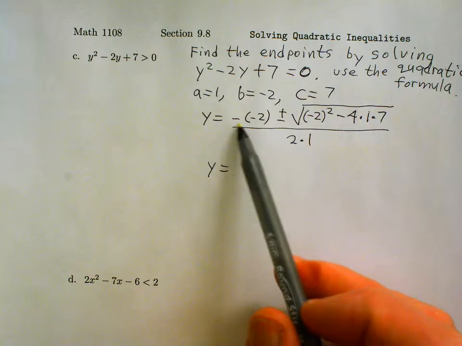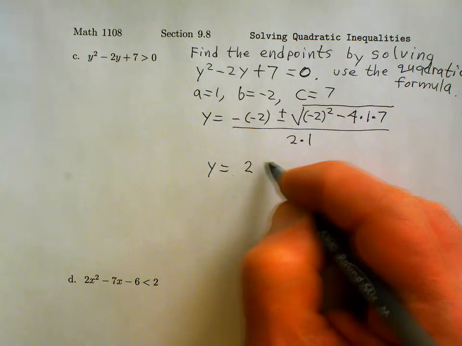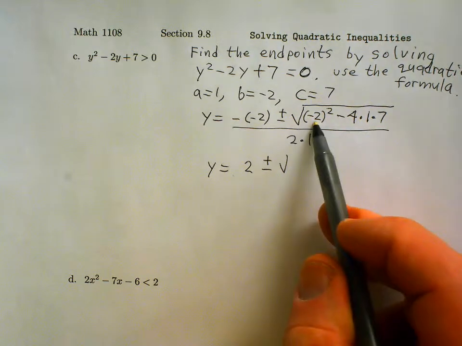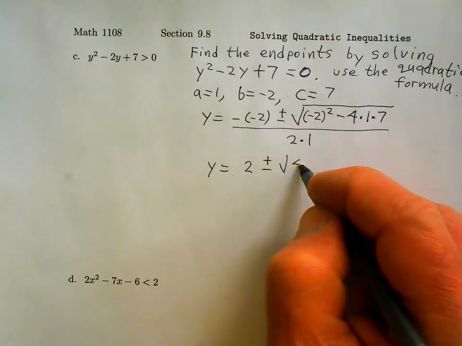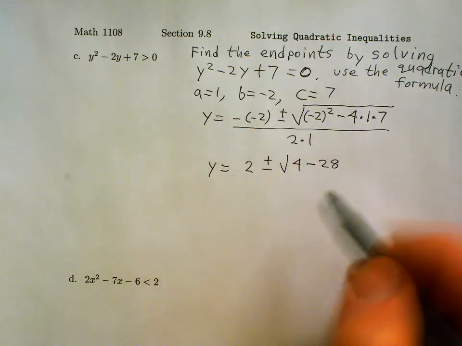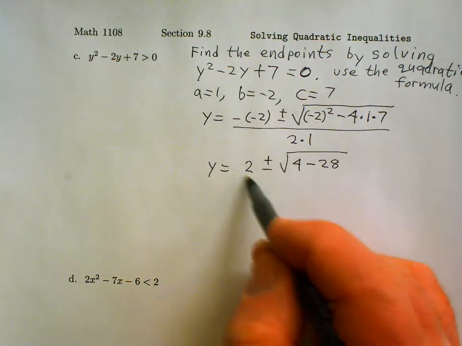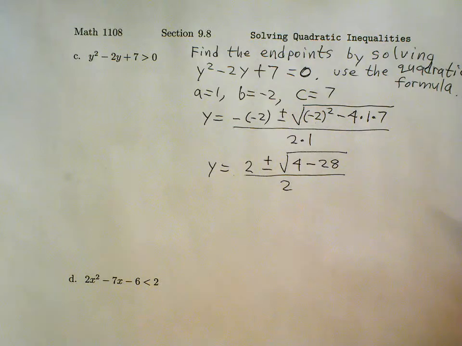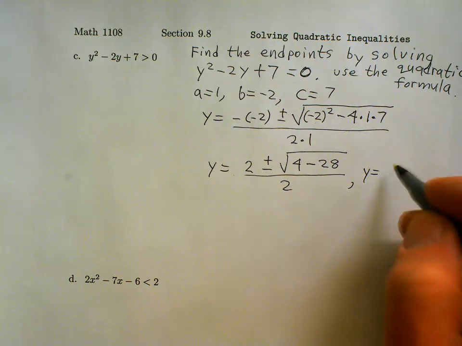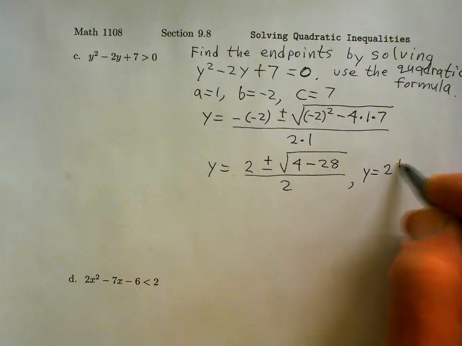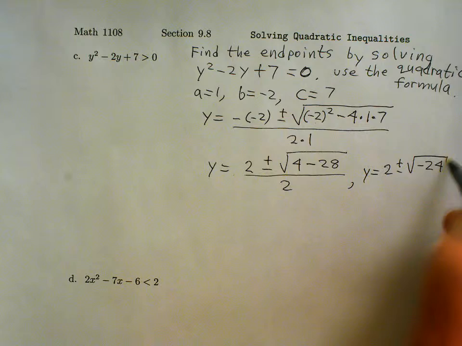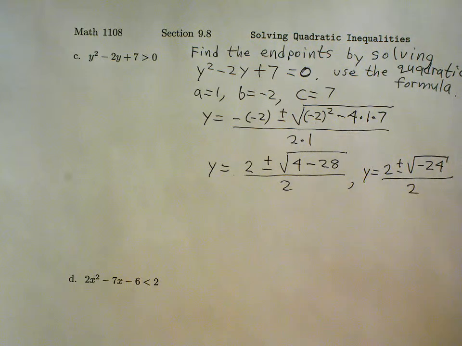And in the numerator, the negative of -2 is +2, and then plus or minus the square root of -2 squared is 4 minus 28. 4 times 1 times 7 is 28, divided by 2. So we get y equals 2 plus and minus the square root of -24 over 2.